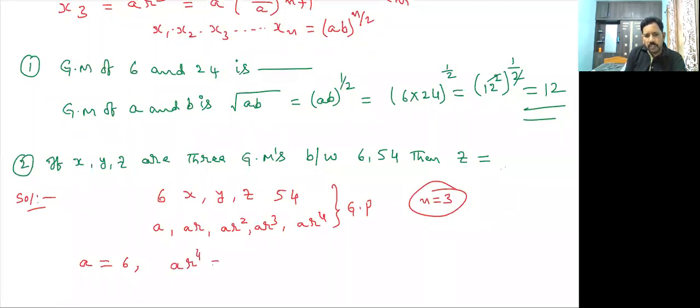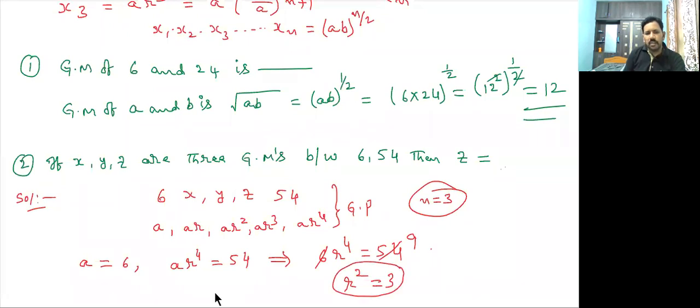How much? 54. With these two do the calculation. 6 R power 4 that is equal to 54. 6 table, how many times? 6 nines are 54. R power 4 value is 9. Then what is R square value? 3. This is R square value.